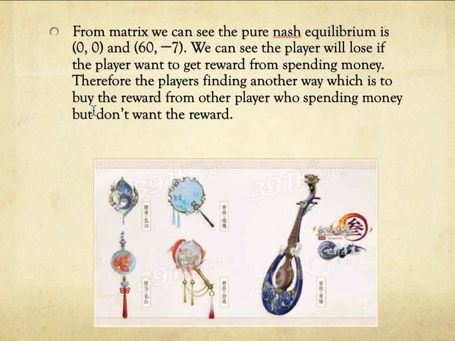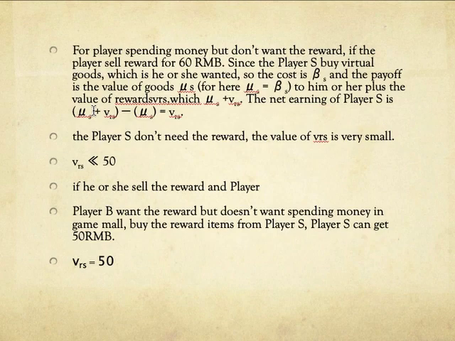So there's another way, which is buying from other players who want to sell those consumption rewards. So we can list here player B and player S. The player B wants to get the consumption reward, and the player S wants to sell the consumption reward, because the consumption reward doesn't mean something like 50 RMB to him.